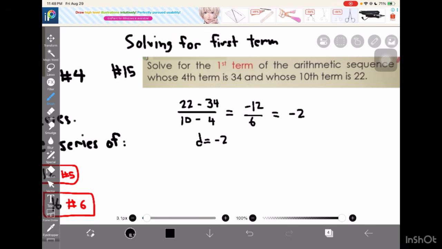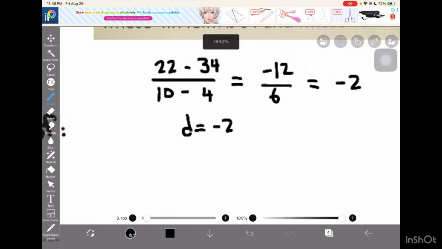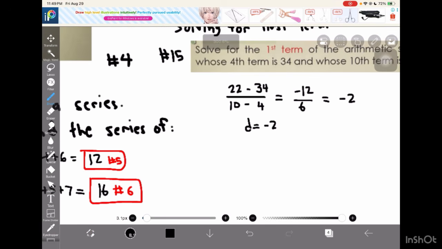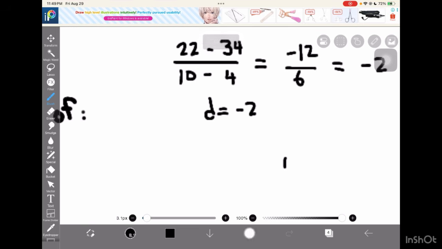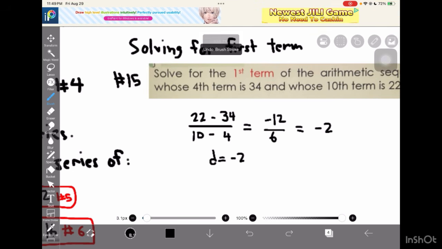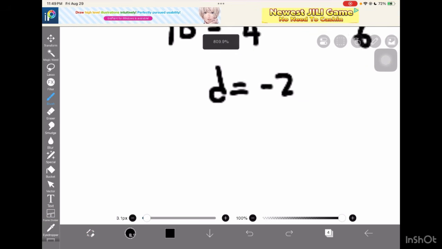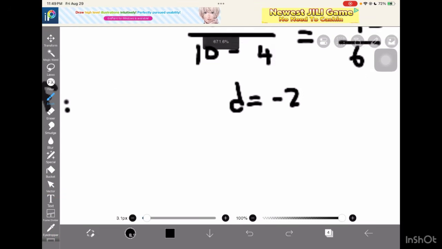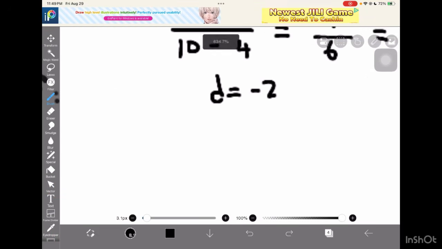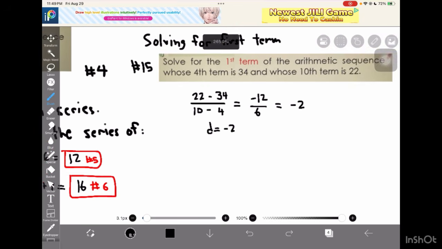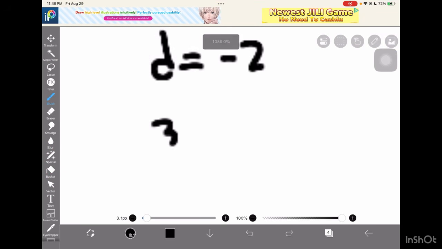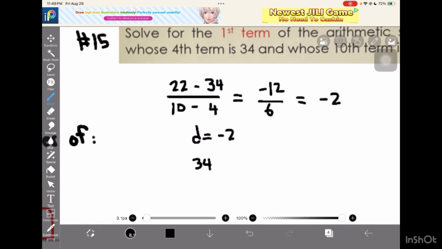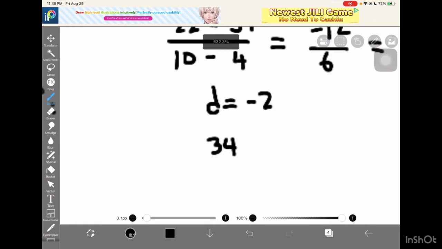Okay, now we need to do a bit of reverse engineering here. Since we're going backwards, we need to flip this. So we want the first term. So 34, and I want you to count from 4 and then 3, 2, 1. So that's 3 more terms.